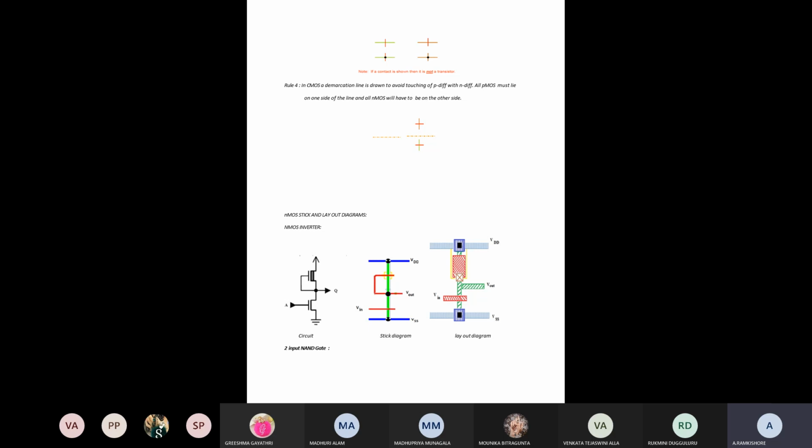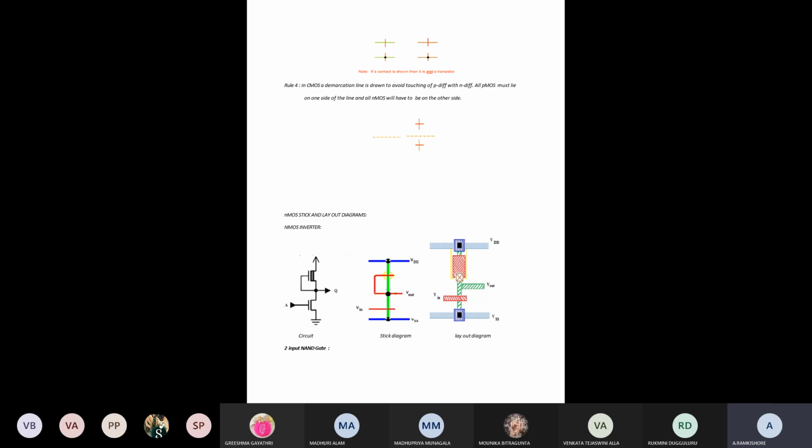So from this transistor design, we have to draw a stick diagram. Listen carefully. For VDD and VSS we have to use metal.